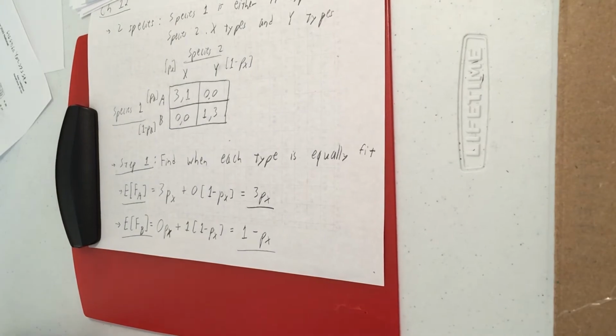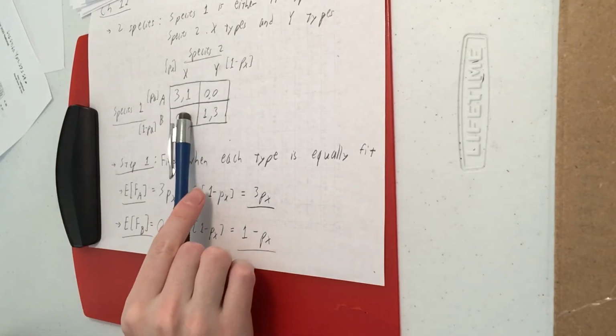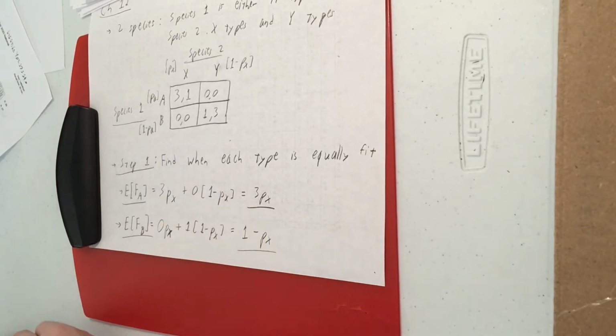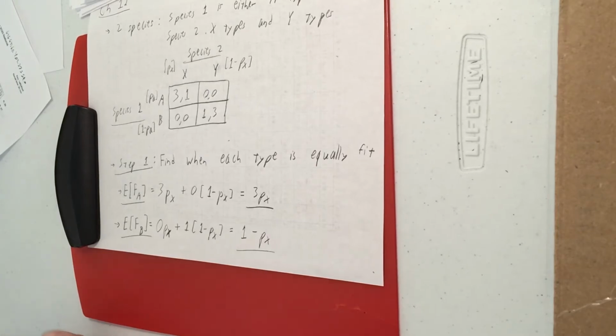In the one-species case we would be done with step 1 here, but here we have two species. We also have to find out when the X types and Y types are equally fit.